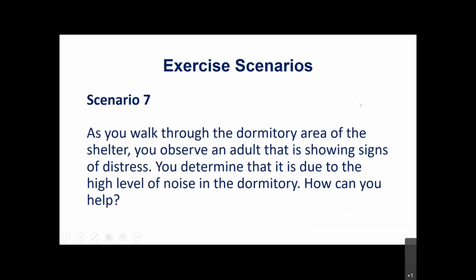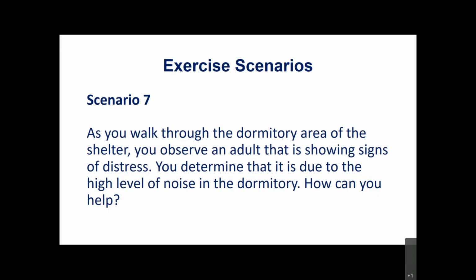Scenario 7. As you walk through the dormitory area of the shelter, you observe an adult that is showing signs of distress. You determine that it is due to the high level of noise in the dormitory. How can you help? Oh, someone's really quick: noise canceling headphones or just any kind of earphones that might dampen the noise.